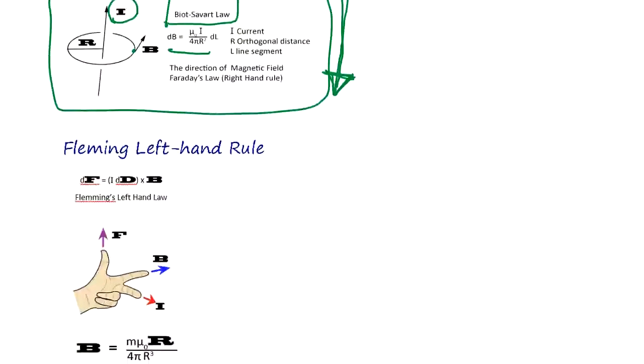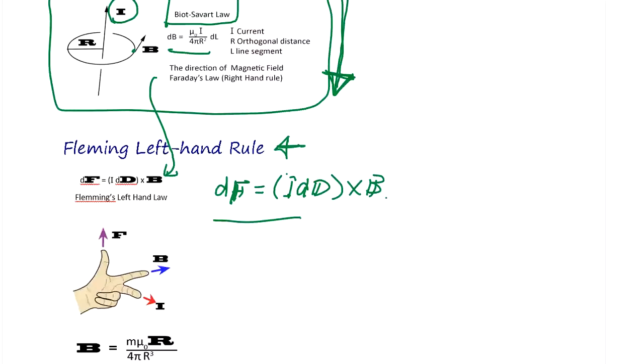Now, you have your favorite Fleming left-hand rule, right? So you know where it comes from. The direction comes from here, but you're in college, so you use the derivative element. You're ready to take an integral to calculate.